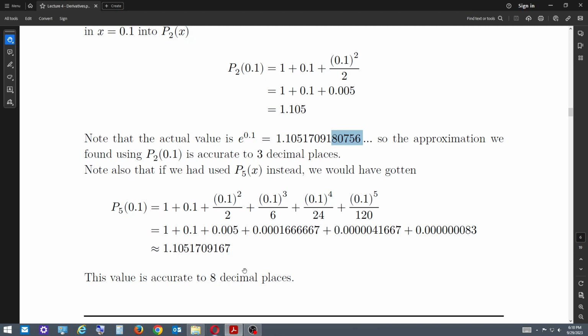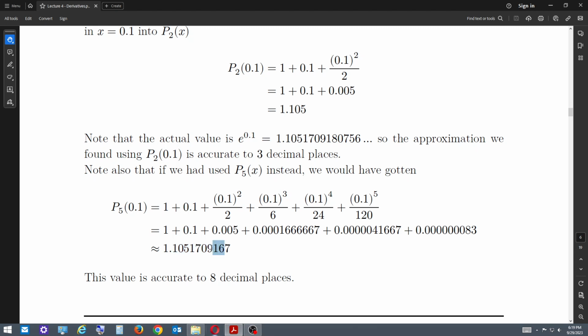All right, so what this means is that only the first 1, 2, 3, 4, 5, 6, 7, 8 decimal places are correct. Both of these, if I rounded them off, I would get 1.1051792. So both of these are basically correct to 8 decimal places. The first 8 decimal places are good, but beyond that, they don't match up.